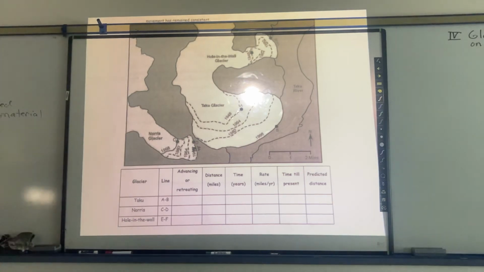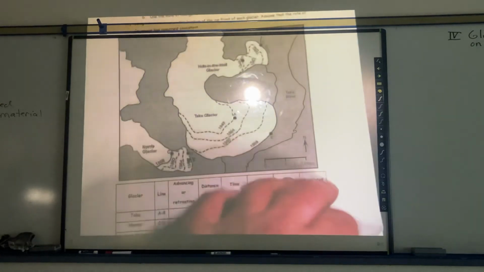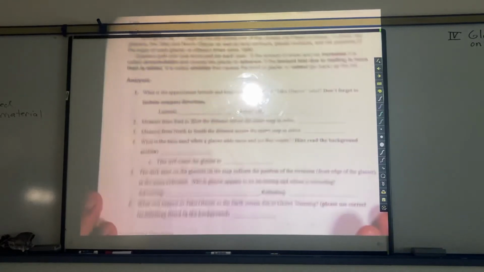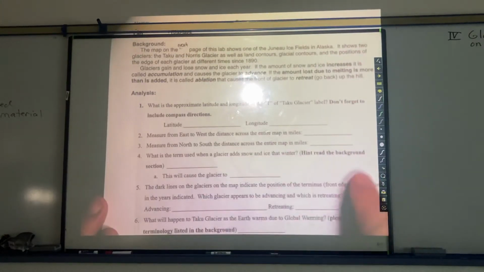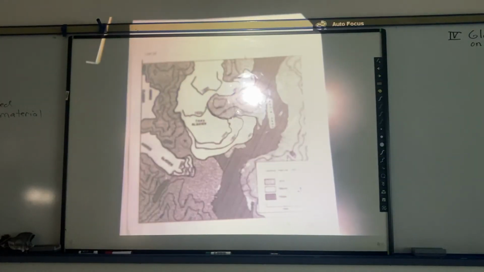Next page. There's background info about those specific glaciers, and you're going to answer the questions based on the background info and this map right here.